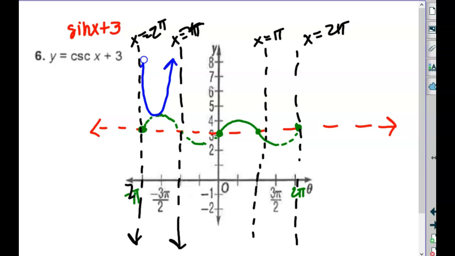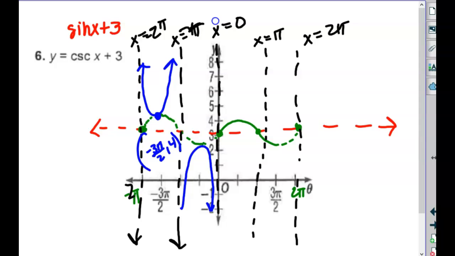Can anybody give me the minimum point right there? Negative 3 pi over 2, comma 4, right? And this one down here would be at, by the way, there's also an asymptote at x equals 0. So this one, anybody? Negative pi over 2, comma 2.